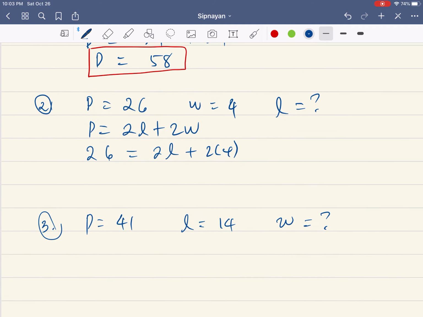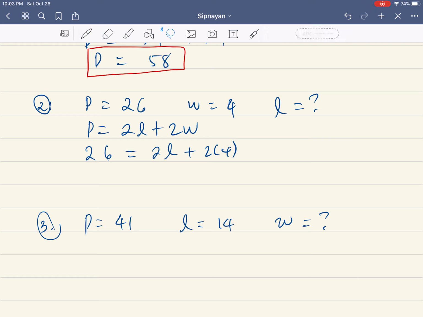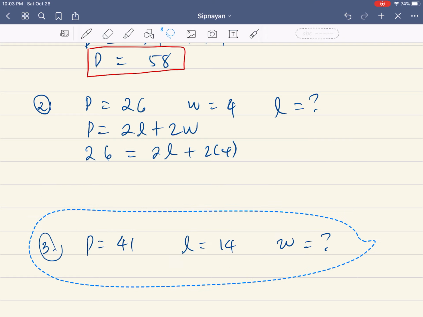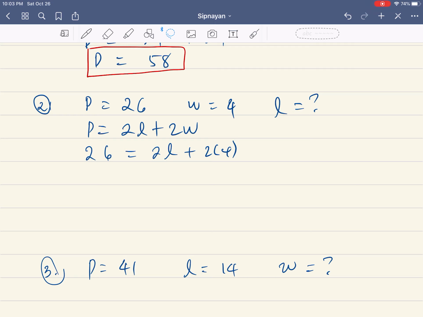So, equation ito. Pero mamaya, kung may audience tayo o may viewer na elementary, turo ko sa inyo paano i-solve. So, this is equation. This is algebra. So, this is equal to 2L plus 8. So 26 equals 2L plus 8.